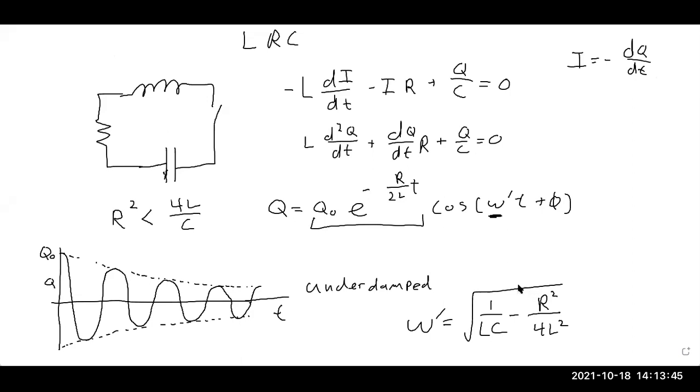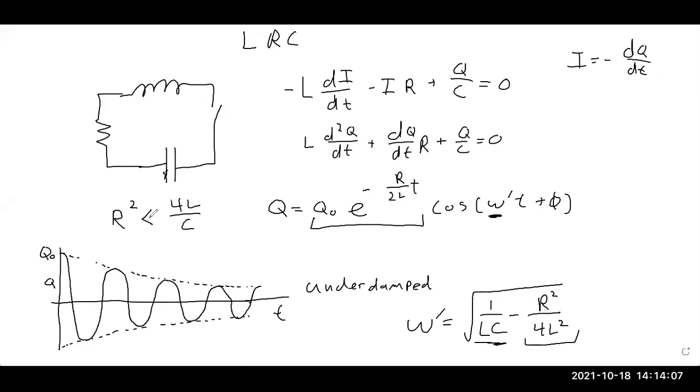So this solution clearly breaks down when this term is bigger than the first term, because then we'll be taking the square root of a negative. And then we get an imaginary frequency, and it's weird.